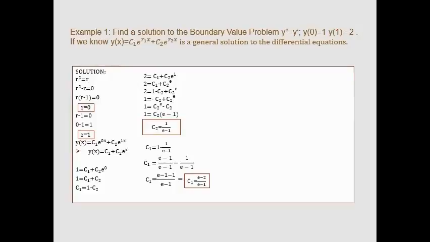So y(x) is equal to (e minus 2) over (e minus 1) plus 1 over (e minus 1) e^x. The final answer is y(x) is equal to (e minus 2) over (e minus 1) plus e^x over (e minus 1). That's the final answer. Thank you so much for listening.